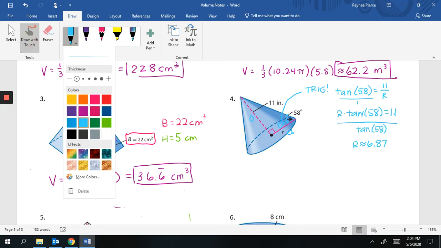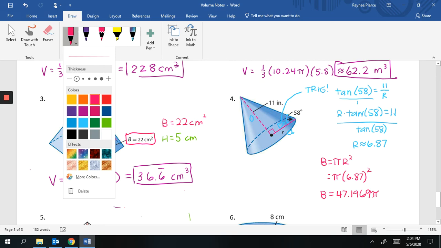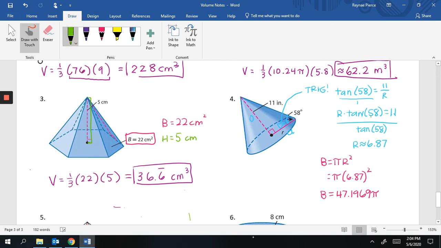So the area of our base is still pi r squared, and 6.87 squared is 47.1969 pi. From the vertex perpendicular to the base is our height.